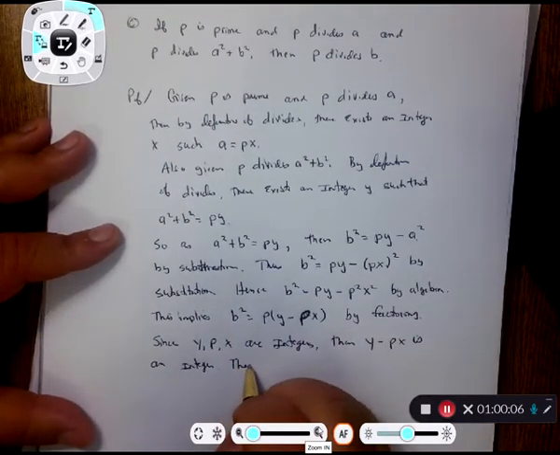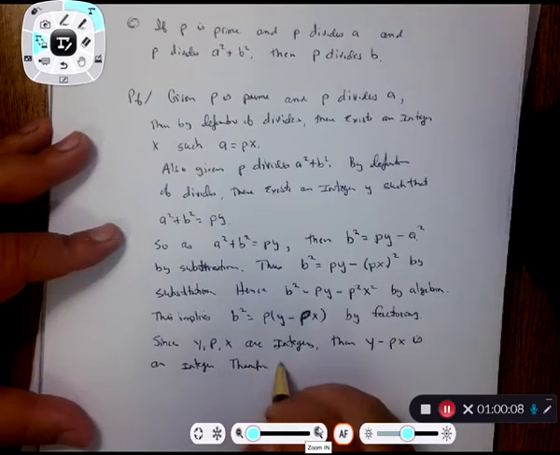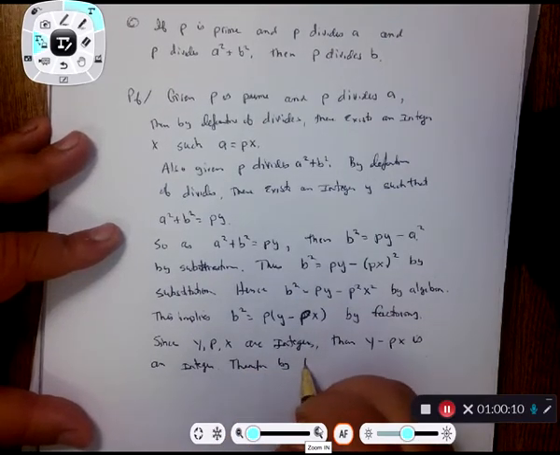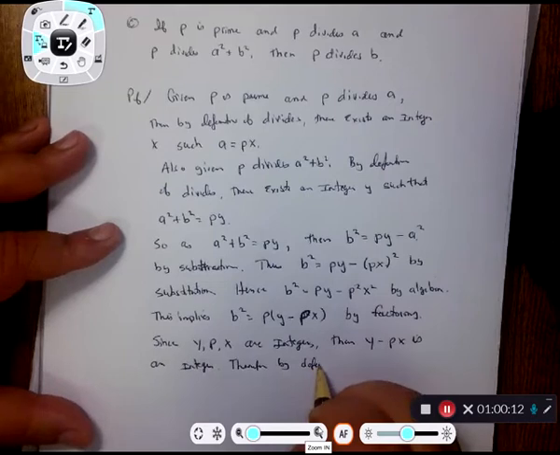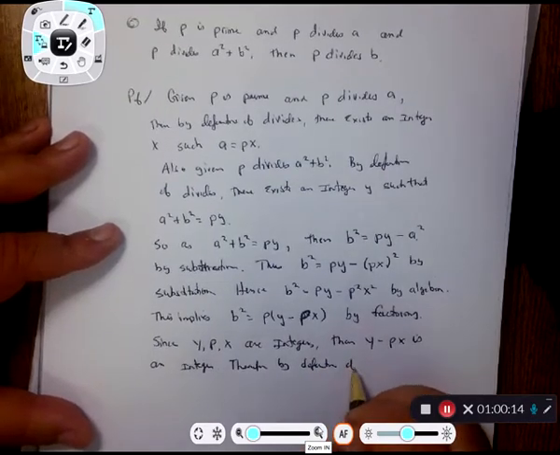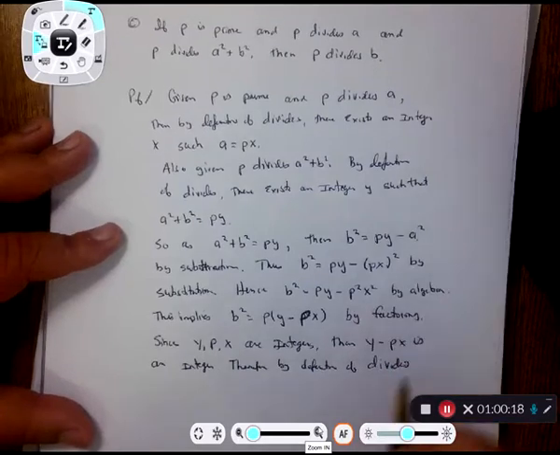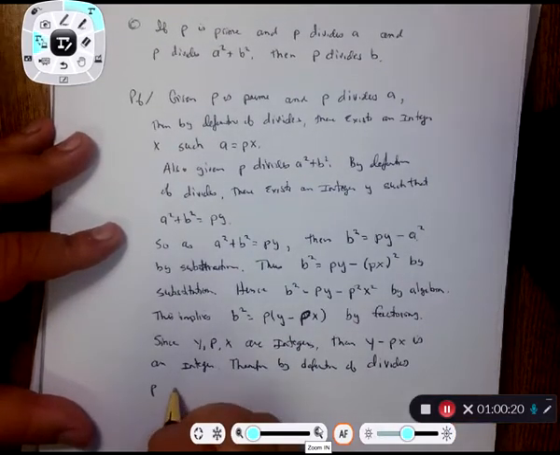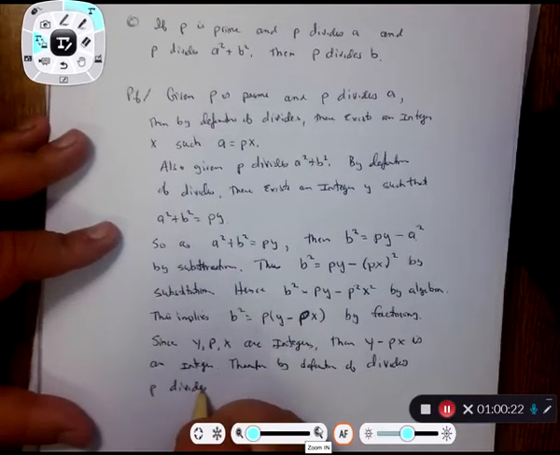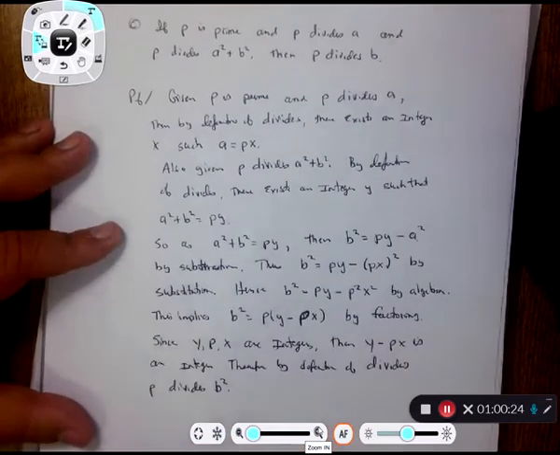Therefore, by definition of divides. No abbreviation on the stuff. Definition of divides. P divides b squared.